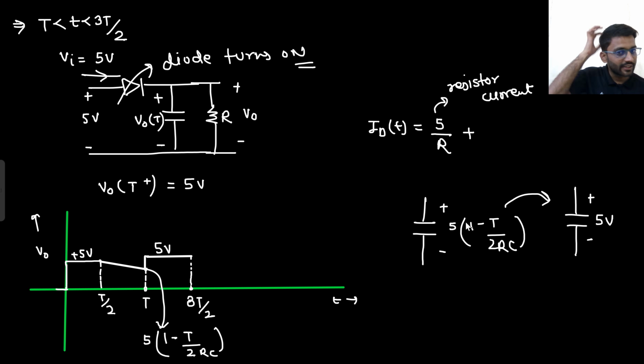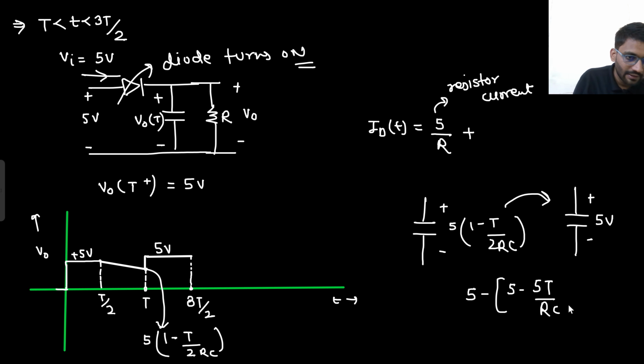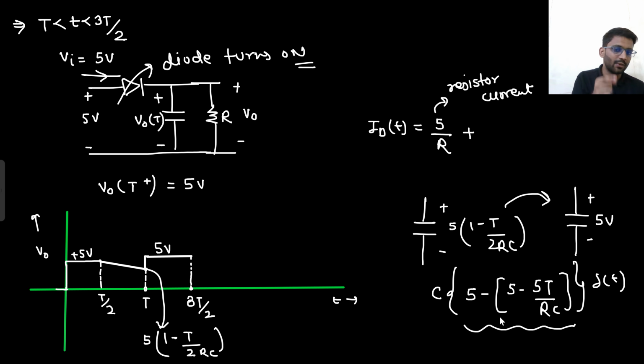The change in this voltage from 5 into 1 minus t by RC to 5 volt. So the current will be 5t by RC, this much change in the voltage into C over delta T. This much change in the voltage into C is the charge, so this will be the current. Are you getting this point?